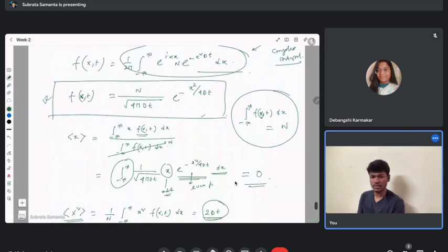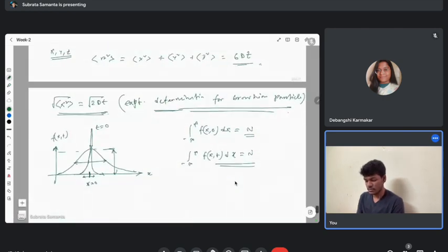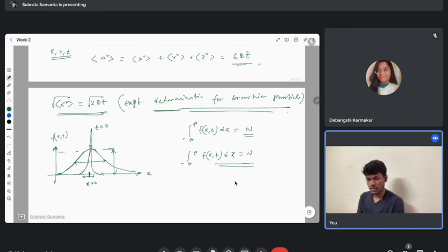If you plot this function in any graphing software or online, you get this kind of distribution. The width increases and the height decreases, but the total probability is constant.